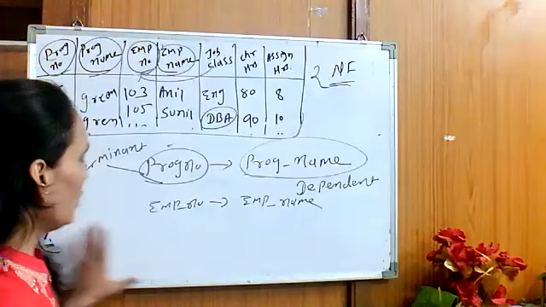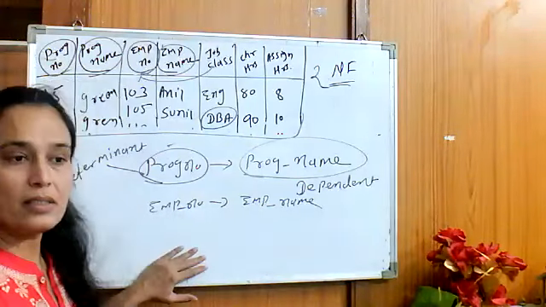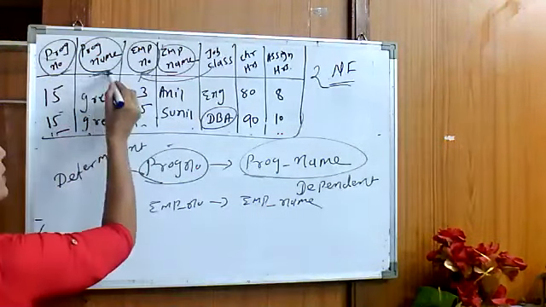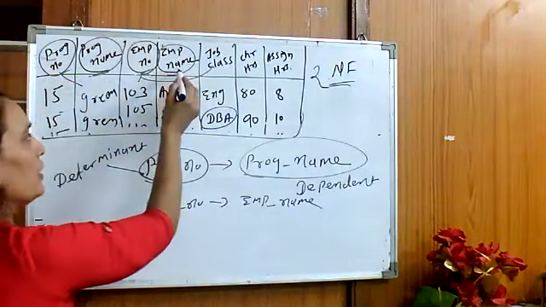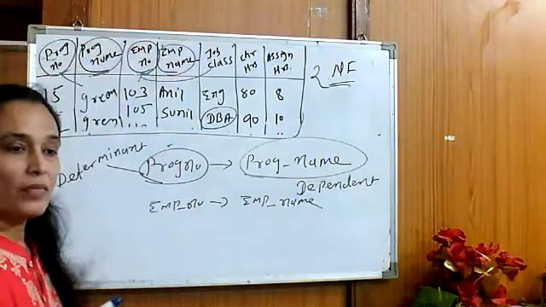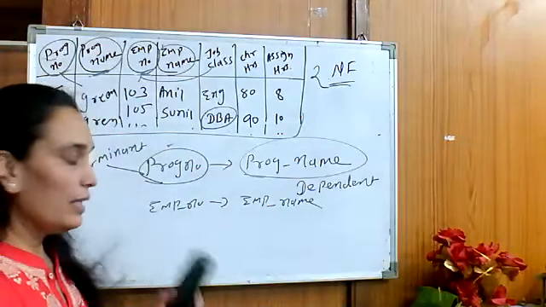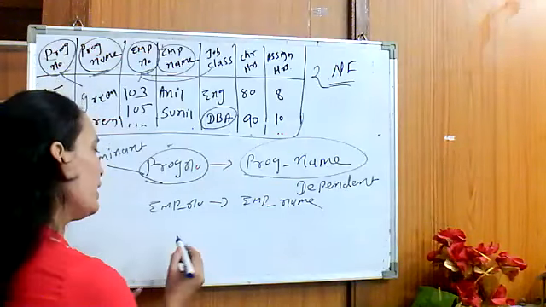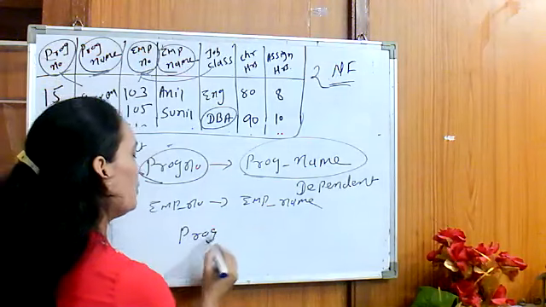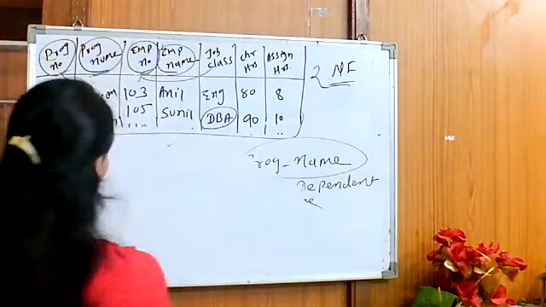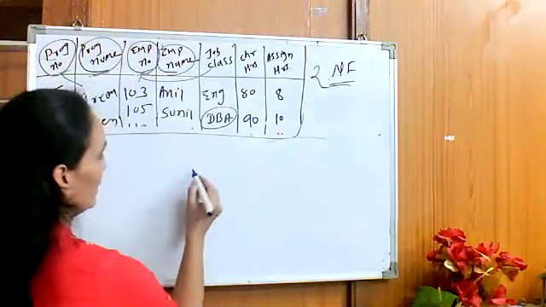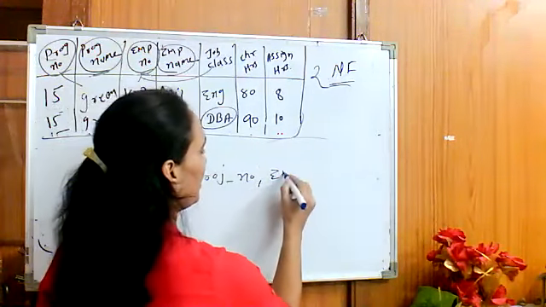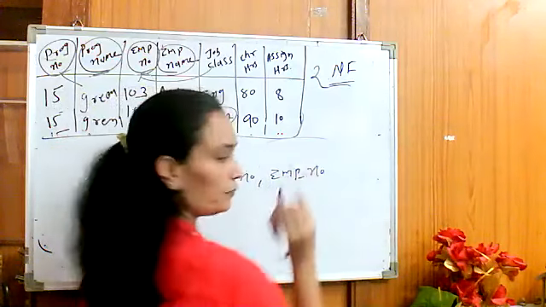Likewise, job class is dependent on employee number. So by looking at these functional dependencies, we can say that some attributes are dependent on project number, some attributes are dependent on employee number. But in our table, our primary key is a combination of project number and employee number.